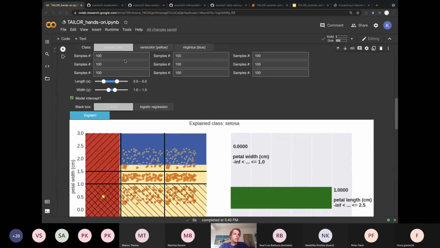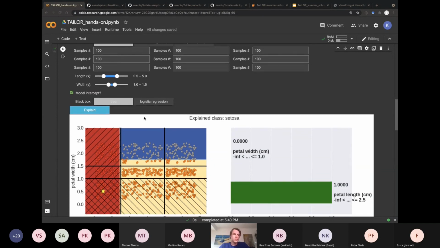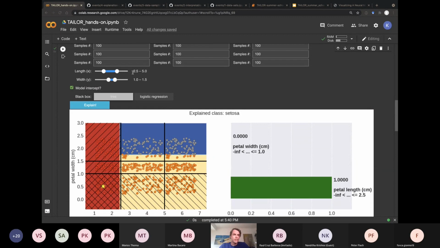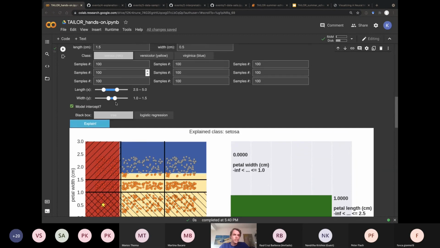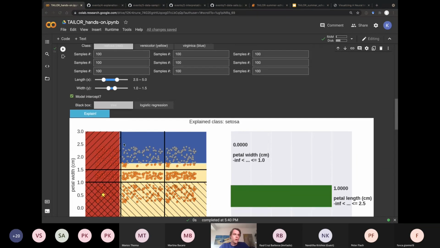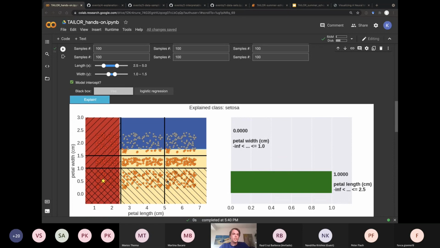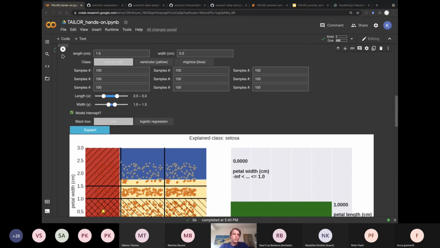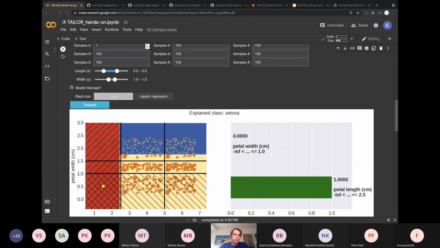Then you can control the number of samples in each hyperrectangle. So if I change this, and this corresponds one-to-one with the location of hyperrectangles in this image. So what this 100 is here, then this 100 is here, this 100 is here, etc. So for example, if I change this to 1, you will see that the top left gets only 1 point now sampled.